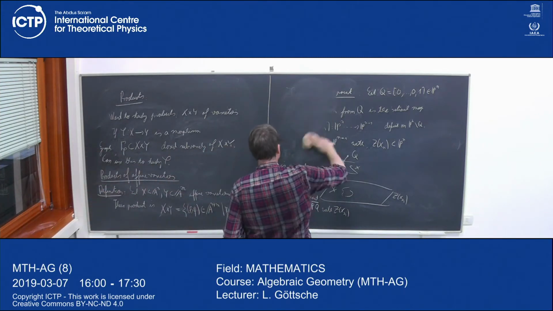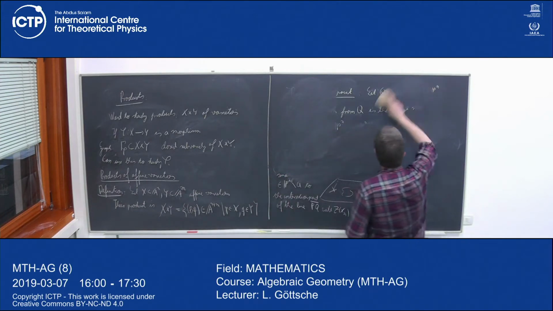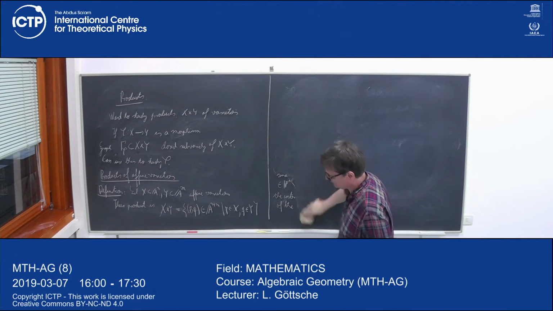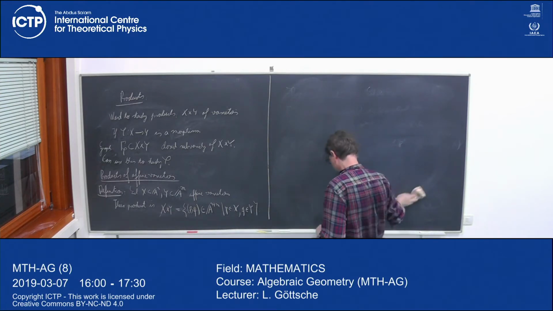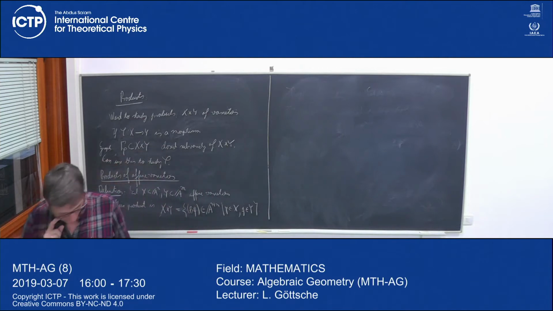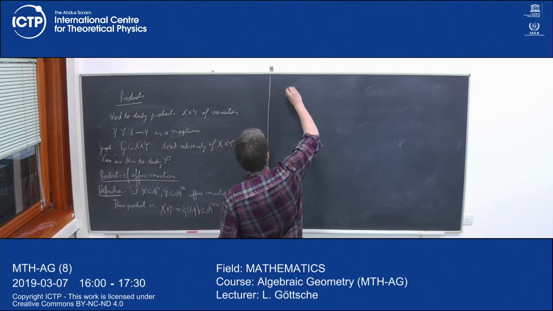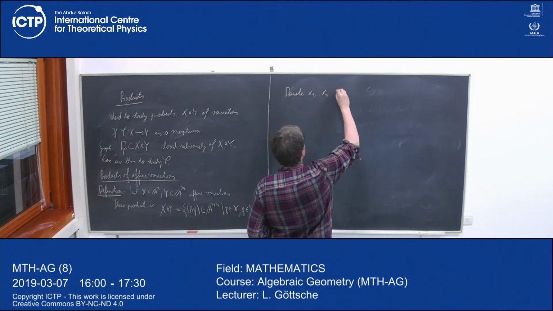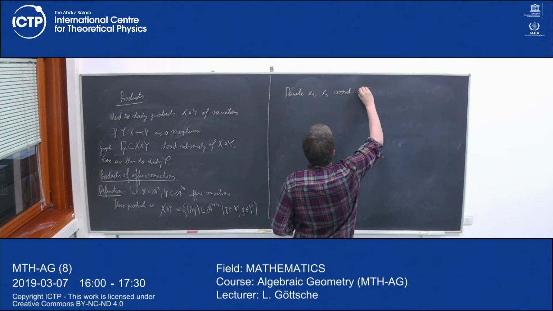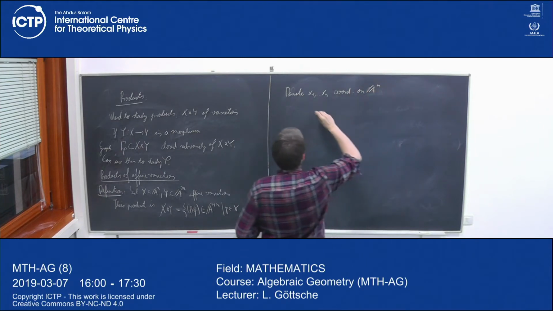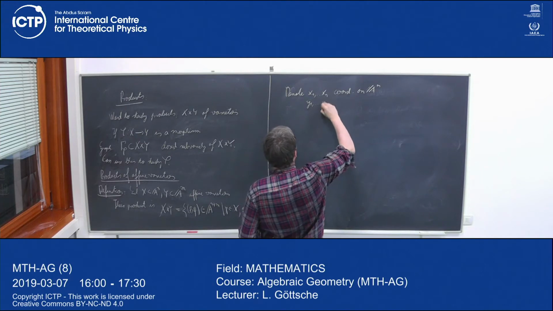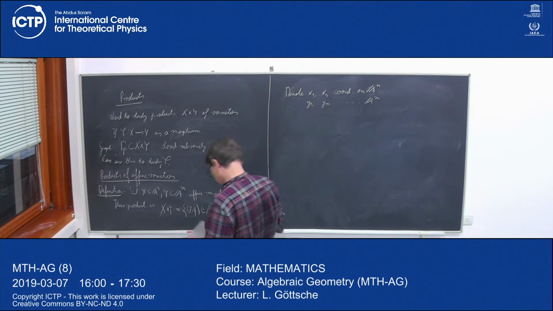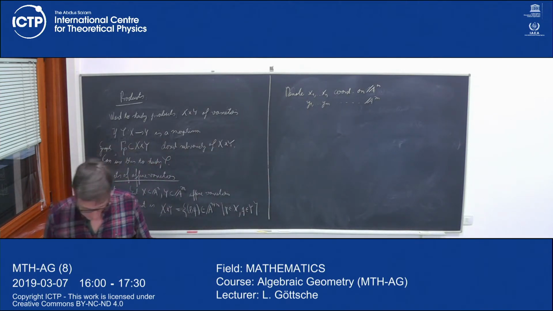So now we want to see that this is also an affine variety in A^(n+m). So we denote x1 to xn the coordinates on the first factor, A^n, and y1 to ym the coordinates on the second factor, A^m.